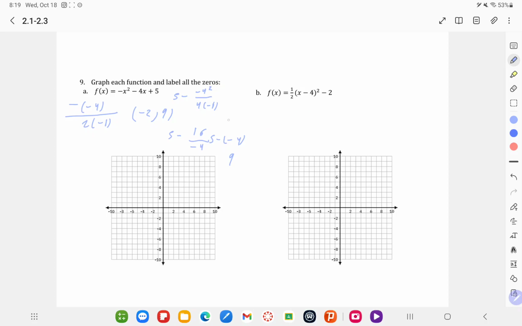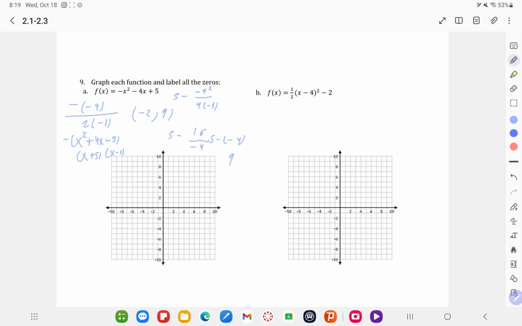All right, let's go on to finding the x-intercepts. Negative x squared plus 4x minus 5. Let's get it. All right, x plus 5, and then x minus 1.